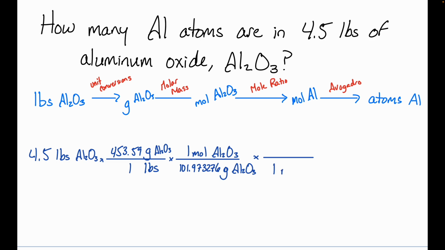This will allow me to go from my 1 mole of aluminum oxide, which contains 2 moles of aluminum. Okay, and if I stopped there, I would have my units be moles aluminum, but I'm going to make one more step. 6.0221 times 10 to the 23 atoms.